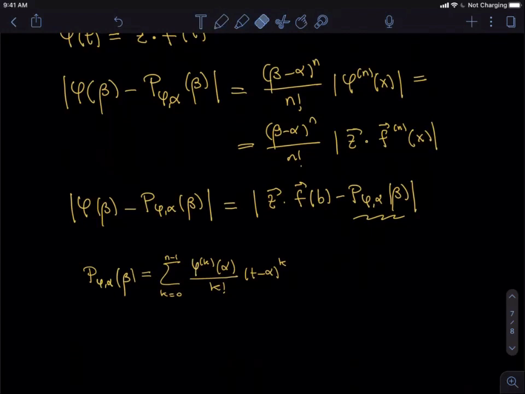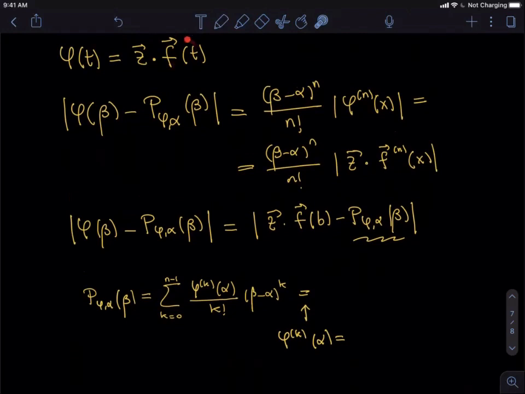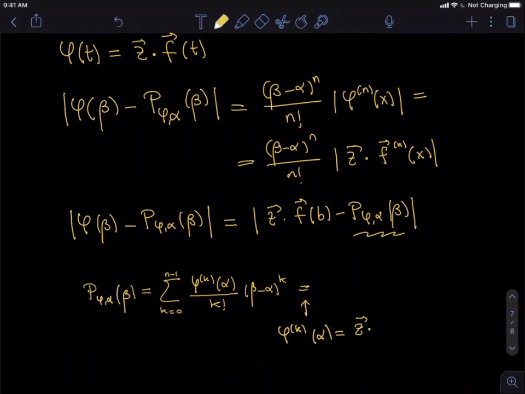It's at alpha, that's correct, and then evaluate it at beta. So this is what I'm looking at. But then the same remark that I did before applies here, that the k-th derivative of phi, looking at how it's defined, is going to be z times the k-th derivative of f at alpha. Again, because z doesn't depend on any variable, it's constant.